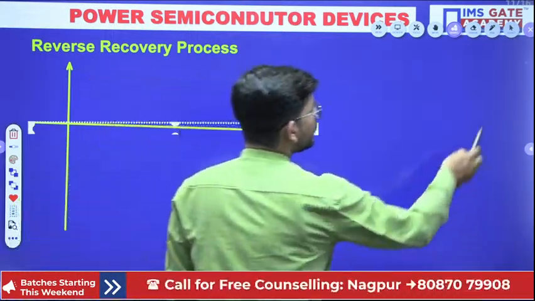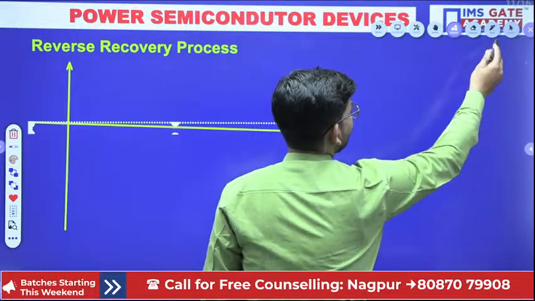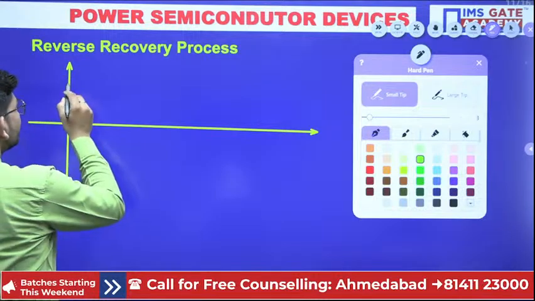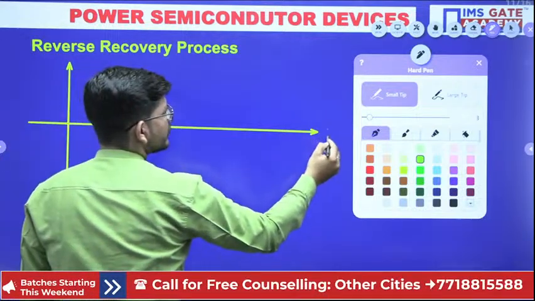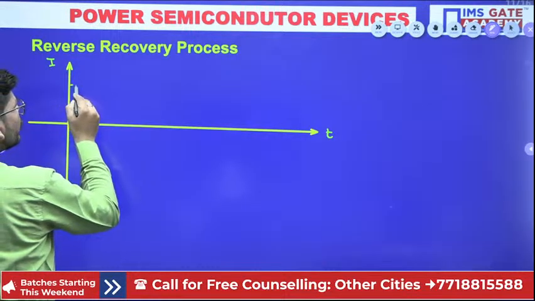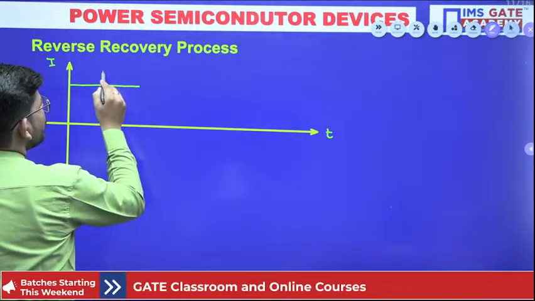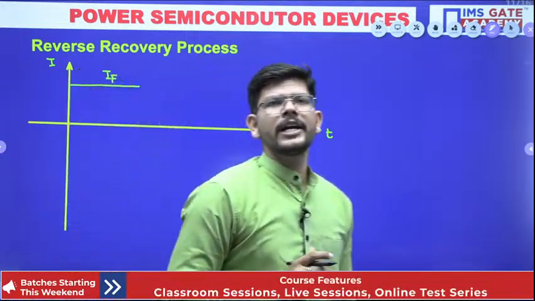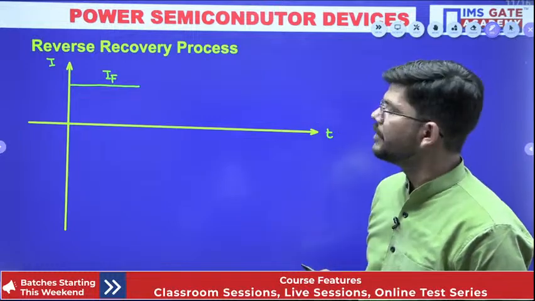Before we have applied the reverse bias, what is the condition we are in? Before we have applied the reverse bias, this is the time t and this is the current here. So before we have applied any reverse voltage, we are having a forward current flowing, isn't it? We have the forward current flowing before we have applied any reverse bias voltage.